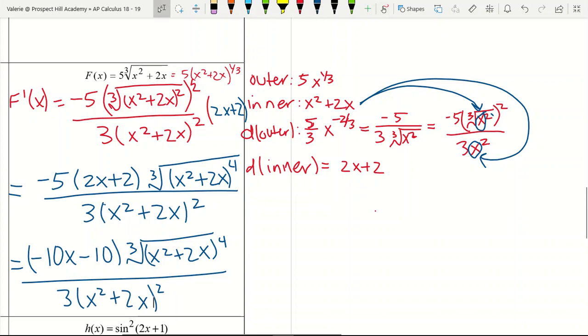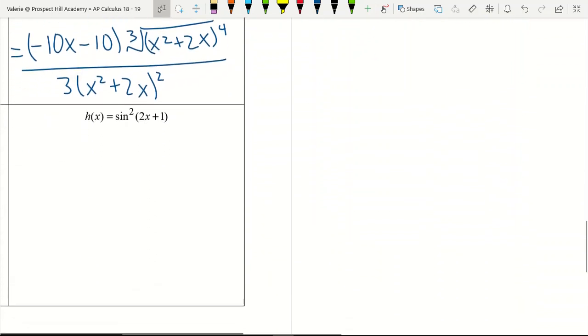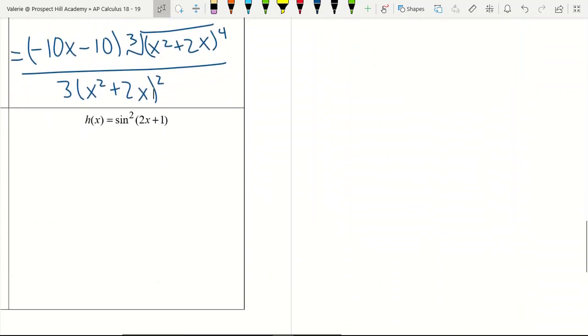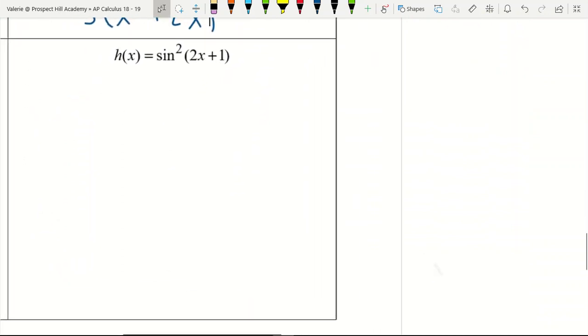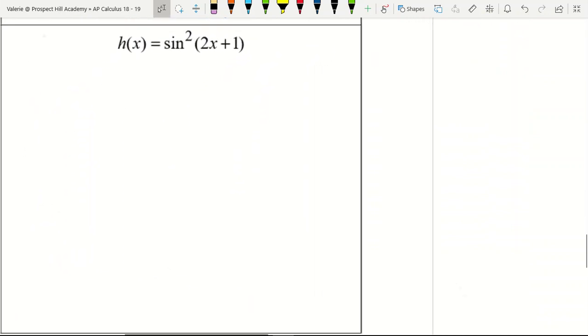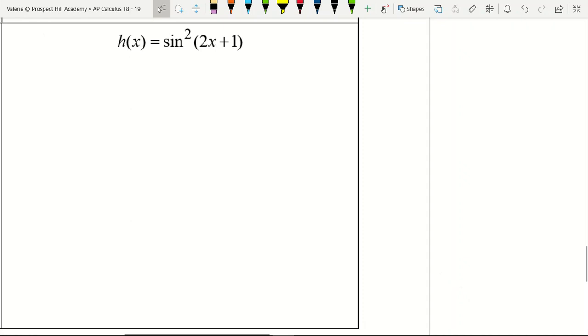All right. Now the last problem that we're going to do is h of x on our last row. The reason why we're going to do this problem is because it is a multiple chain rule problem. Okay, so we're going to rewrite h of x so that we can see the chain rule.